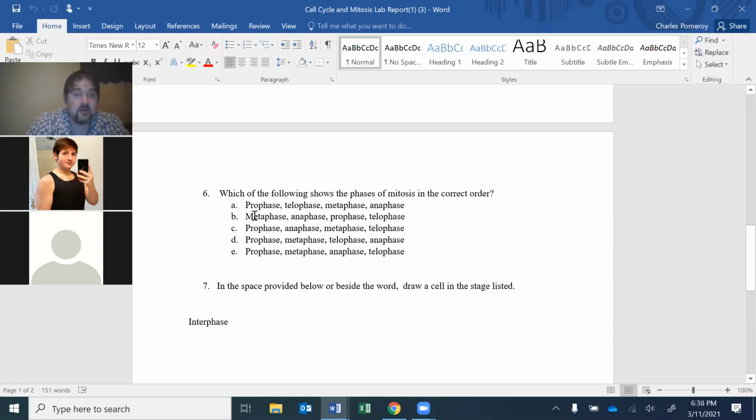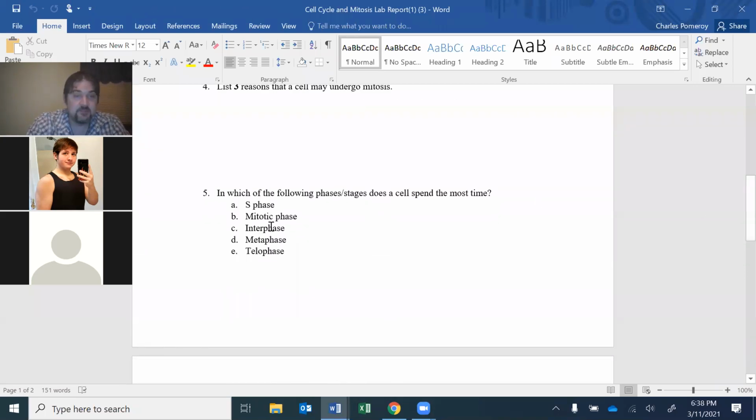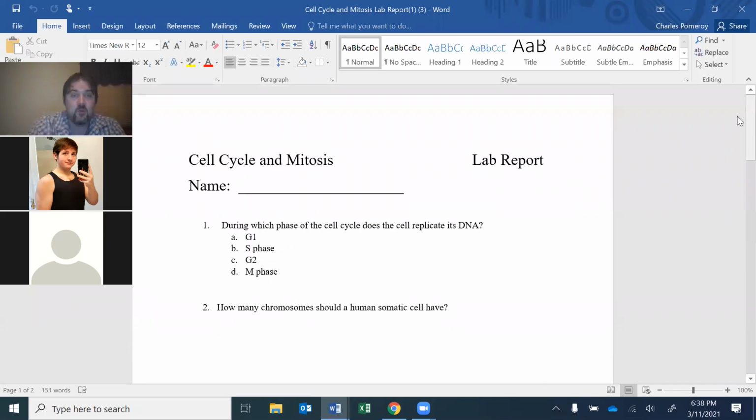So number 6 right here, I can just move over and say which of the following puts them in order. Whenever you fill out a lab report, we just kind of completed it together. So finish up what you need to, submit it, and then you can always print off blank copies of this and practice filling it out. But you will see these questions again on the test.